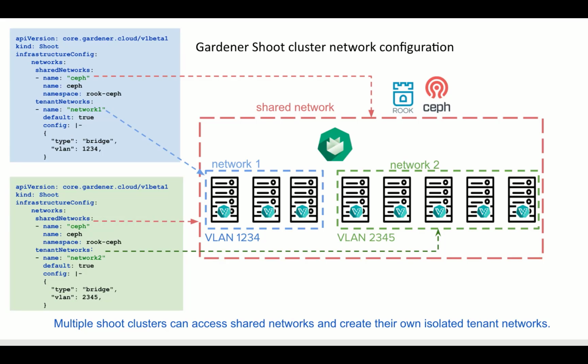The second shoot cluster, the green shoot cluster, also refers to the same shared network for high performance purposes. It creates its own tenant network by providing a different set of configuration for the network attachment definition. The VLAN configuration in this case is different. It's 2345.